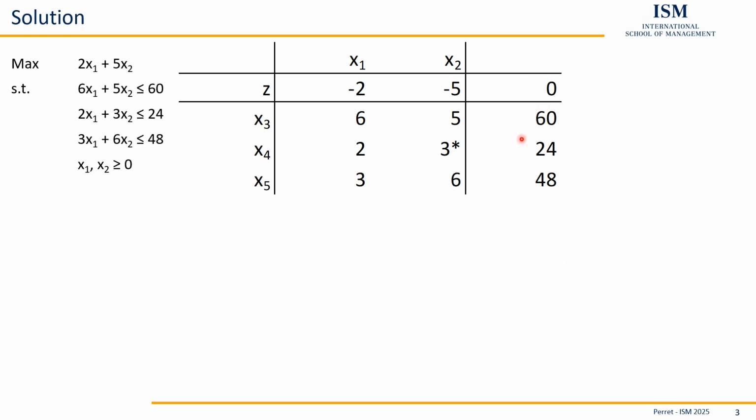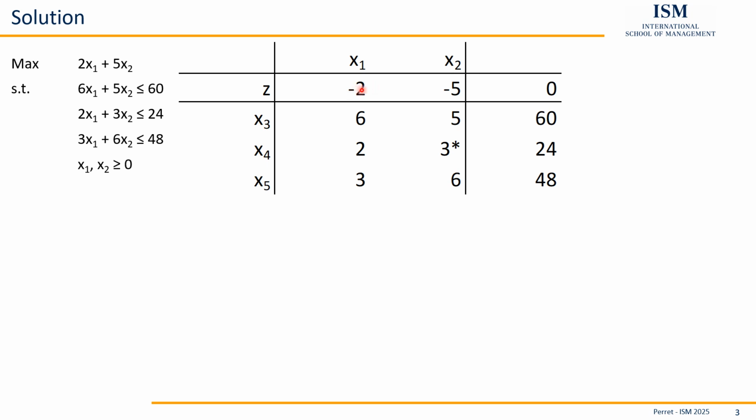I also see here on the right that all of these values are positive, so my starting solution is also a feasible solution, and I can directly start with the Simplex algorithm. For this, I'm going to start selecting the pivot column by taking a look at those values in the objective function row.